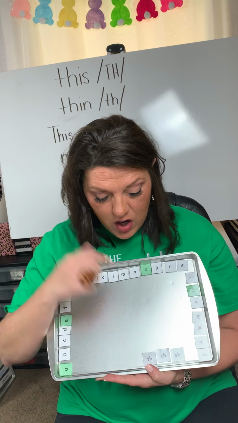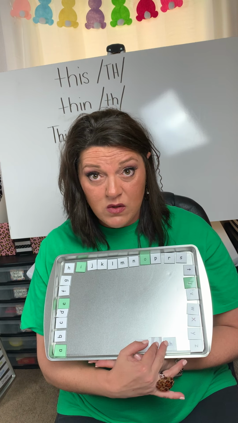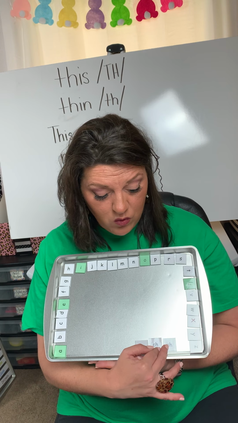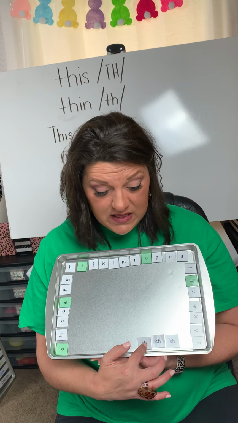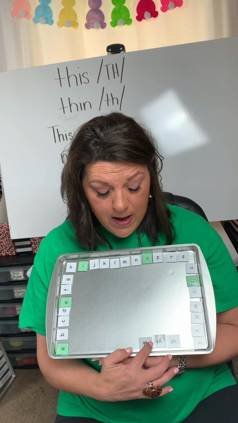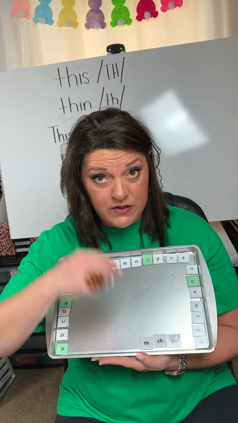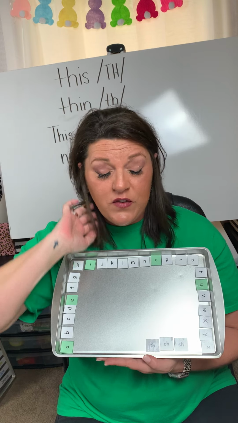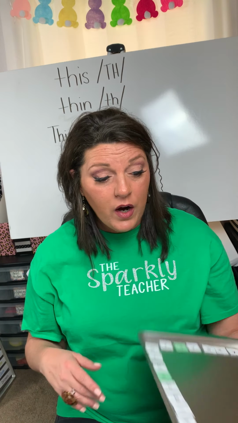You're going to need your letter arc, your CH and your SH. We did those before we left school. You're going to need those, and you're also going to need to add the TH piece for today. Okay, so if you need to pause the video to get everything set up so that you're ready to work, go ahead and do that now, and then we'll get started on the lesson, okay?